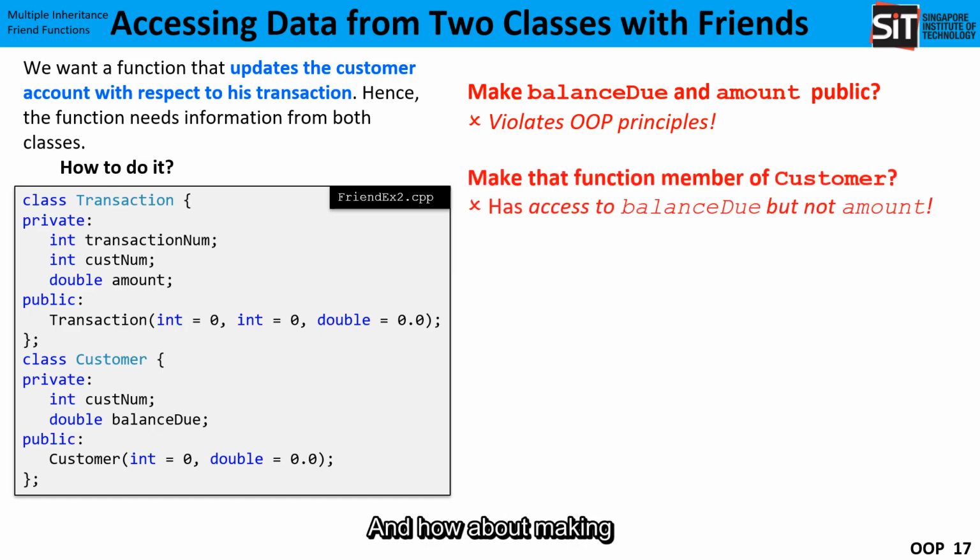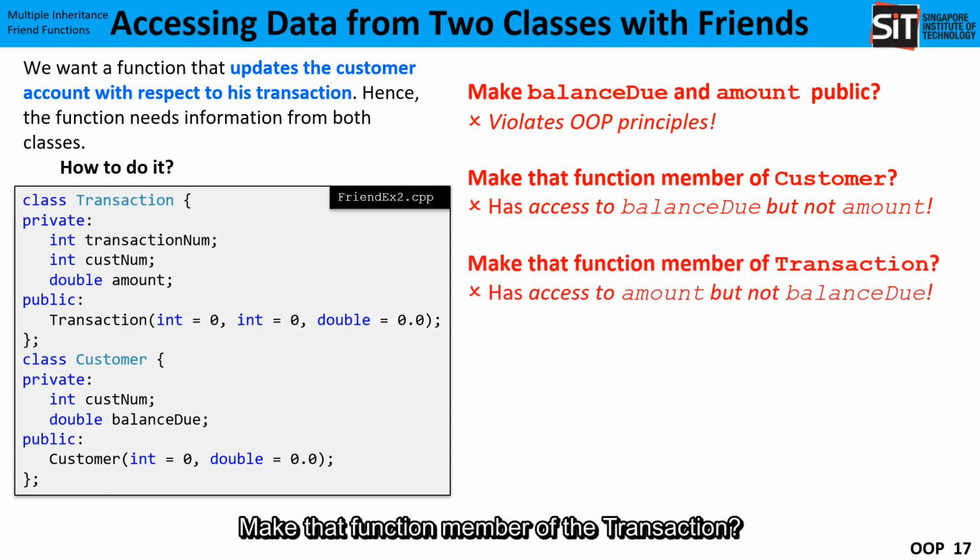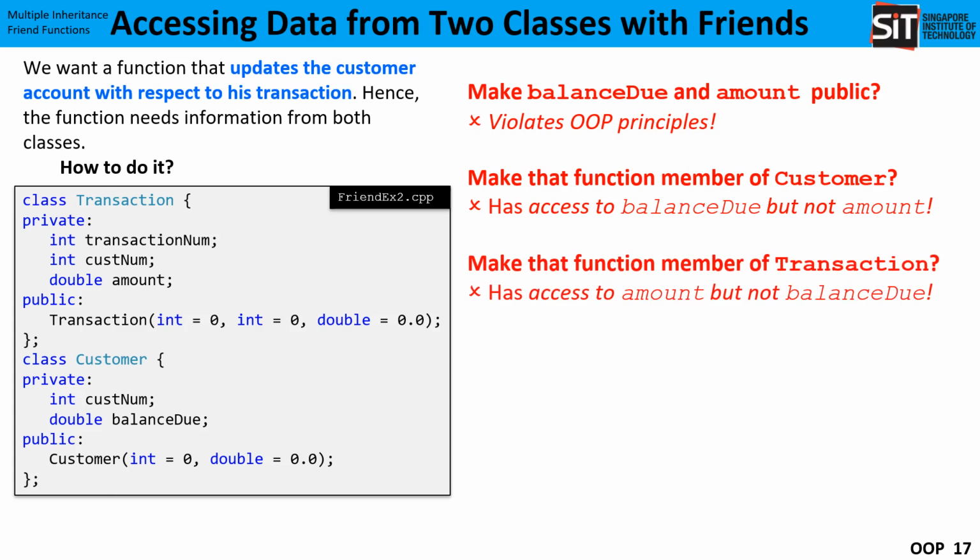And how about making the function a member of customer? No good again. Then it has to access the balance due, not the amount. Make that function a member of the transaction? No good again. It has access to the amount but not the balance due.